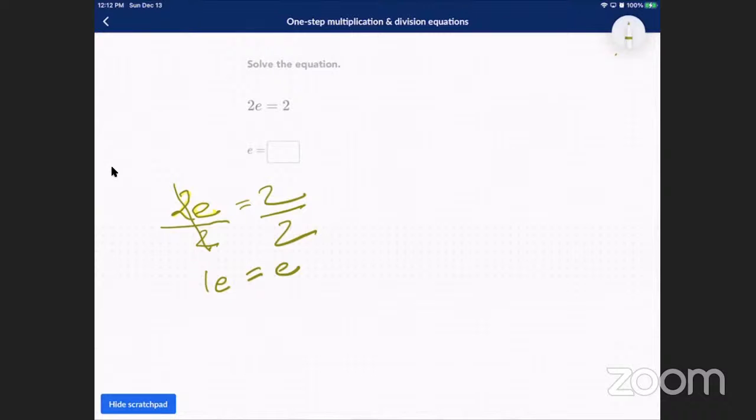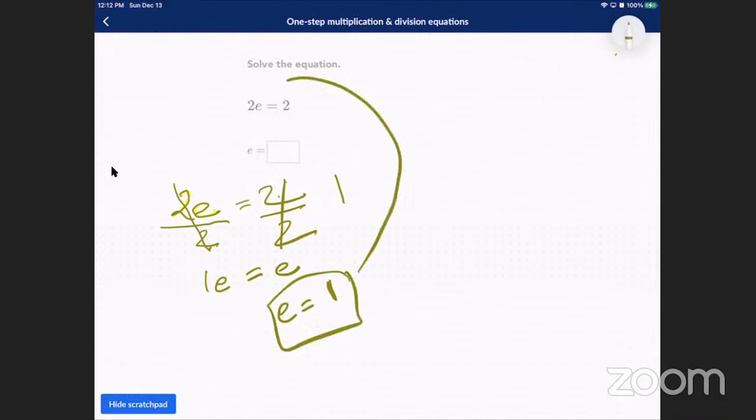And 1e equals e, so this can stay that way. And now we have 2 divided by 2, which is equal to 1, which means e equals 1. And then we can also check by plugging this answer in here, which would be 2 times 1 equals 2.